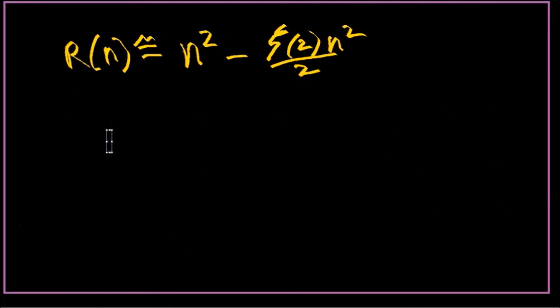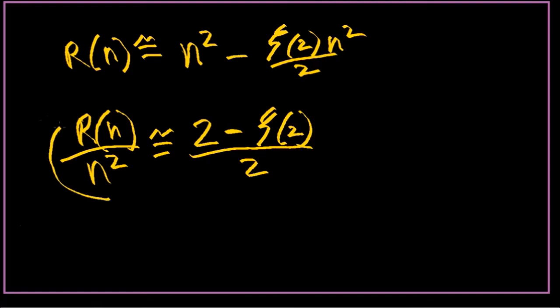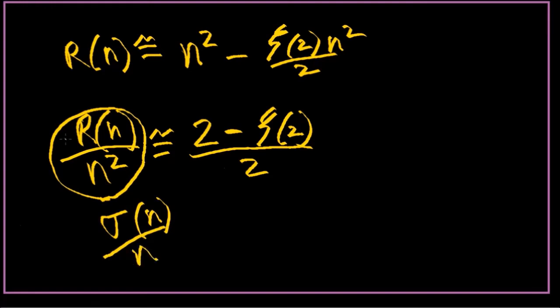Okay, so let's divide each side by n squared, and we're going to have r of n over n squared, expected average order about, let's express it as 2 minus zeta 2 over 2. And this, very similar to sigma n over n, is going to be a measure of smoothness.